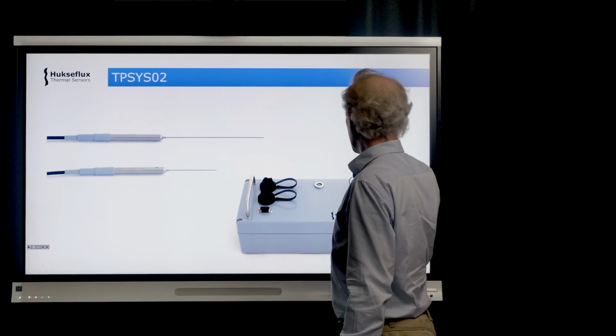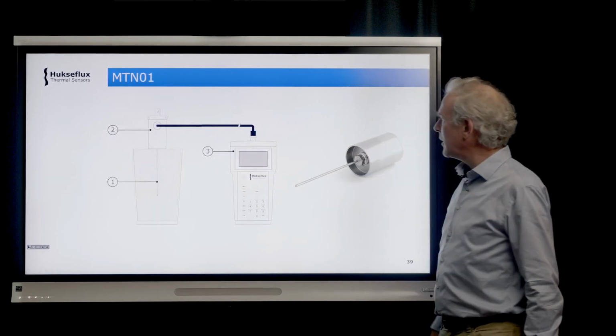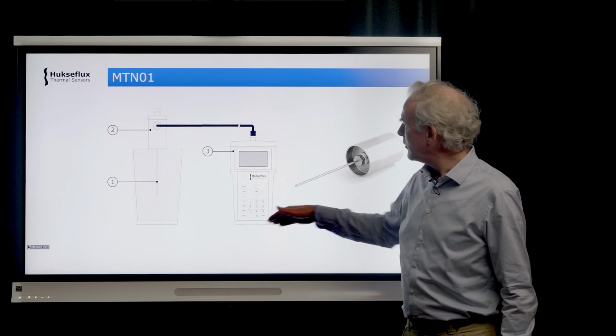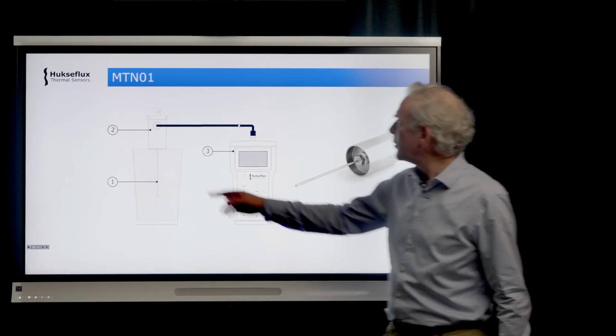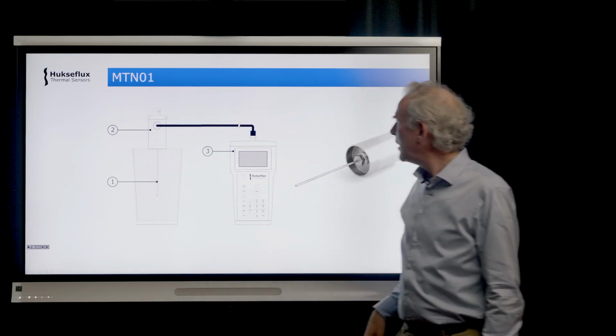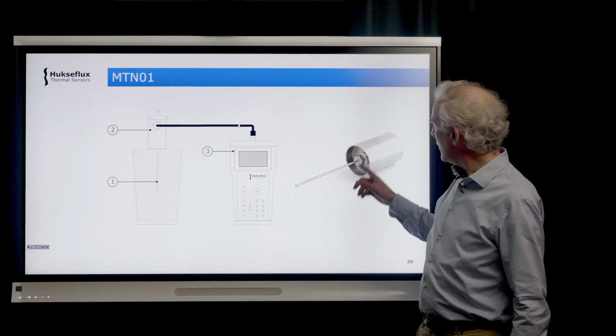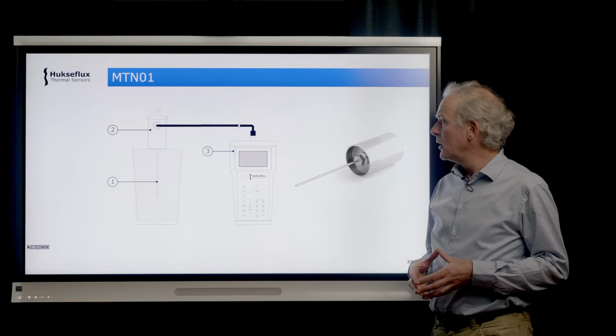This system can also be complemented with the same readout unit. You can also buy a laboratory version that's called the MTN, and this has a smaller needle.